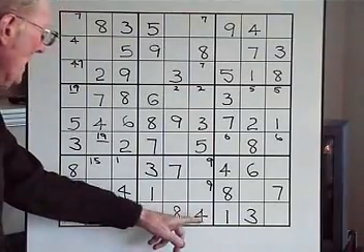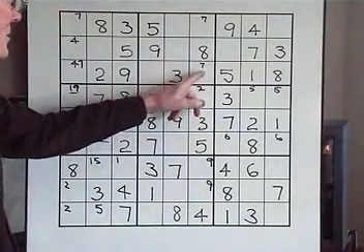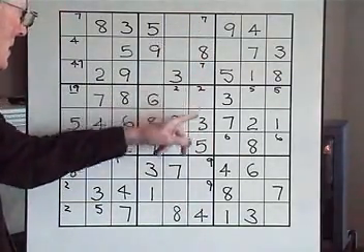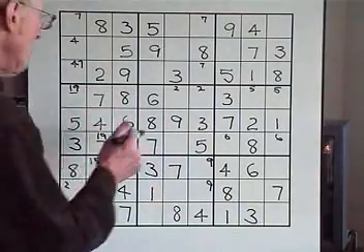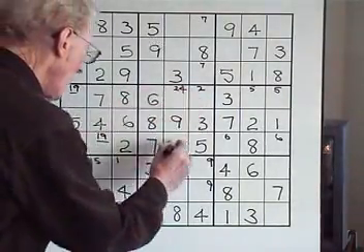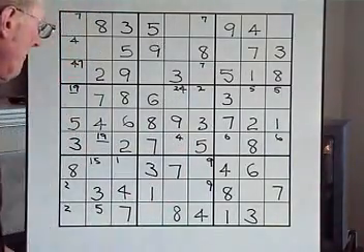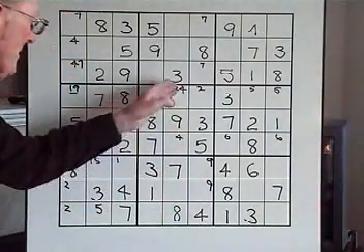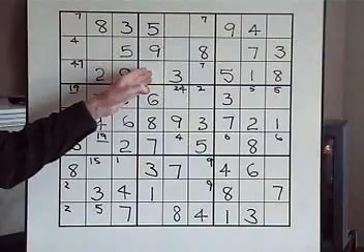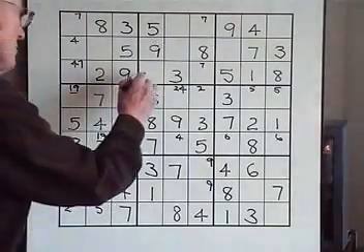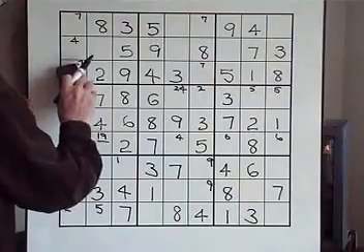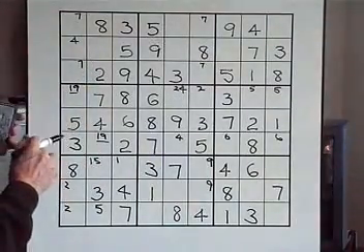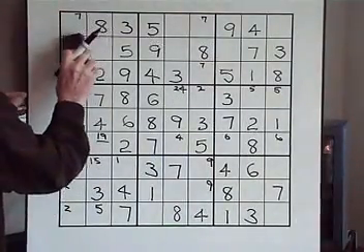Here's a 4, which eliminates a 4 in any of these here. But it has to be there or there. There's no 4s along here, so we can put in a 4 here and a 4 there. If there's going to be a right, and if these are in the center, over here we have to have a 4 and there's one space left for it, so we can put it in, which means we can cancel this 4. Therefore, this becomes the real 4.